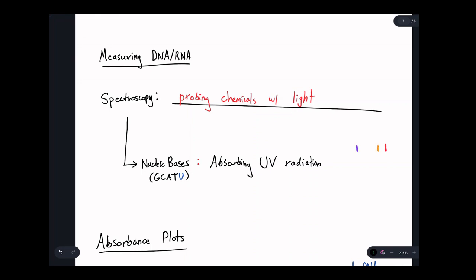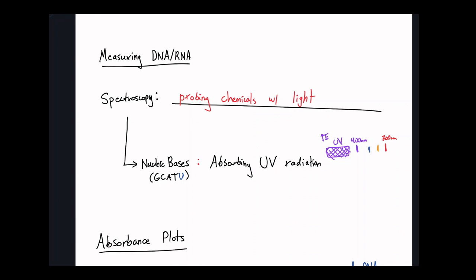This is our visible light spectrum of 700 nanometers of light to 400 nanometers. Ultraviolet is lower in wavelength, but higher in energy than purple. So it's ultraviolet. This energy range is where these DNA bases, G, C, A, and T, actually absorb.